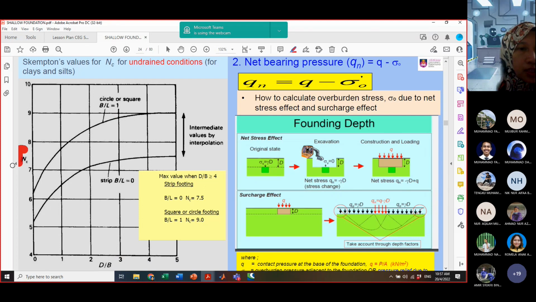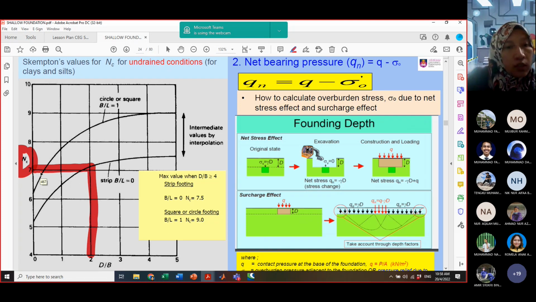Sebab kita nak dapat NC ni kan. So kita kena ada maklumat jenis bentuk footing tu apa jenis dia. Kemudian D over B tu berapa nilai dia. For example, if you know that the footing is a strip, kemudian D over B is 2. So you boleh tarik lah pergi sini and then you pergi ke sini. So kita estimate lah, let's say kita dapat 7.2 something. That is the NC value. D is the founding depth ataupun embedment depth.